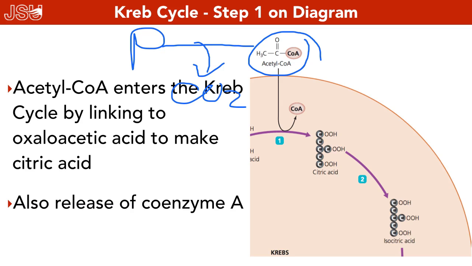We then enter acetyl-CoA into the Kreb cycle. Acetyl-CoA has 2 carbons, and it combines with a 4-carbon intermediate to make a 6-carbon compound called citric acid. Now, you don't need to know all of those names, but I do want you to see that we're adding a 2-carbon compound to an existing 4-carbon compound to make a 6-carbon compound.